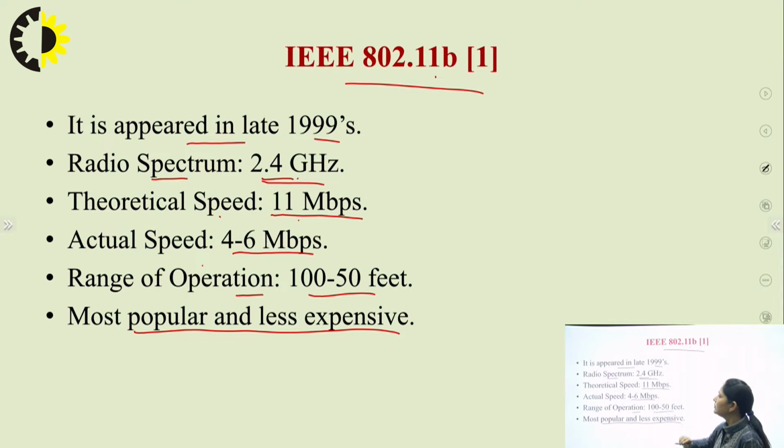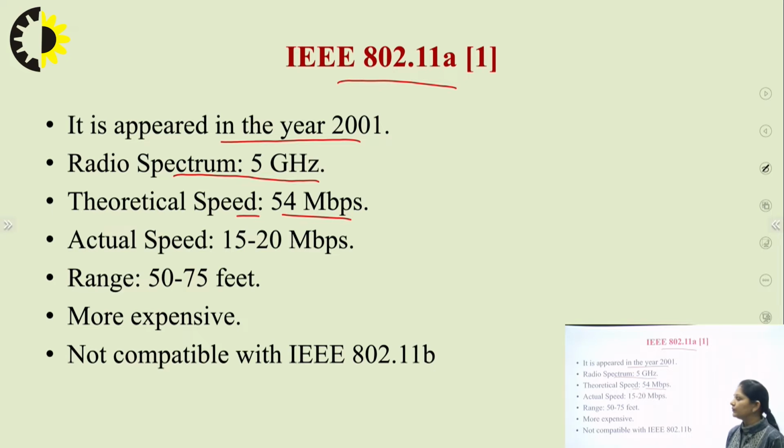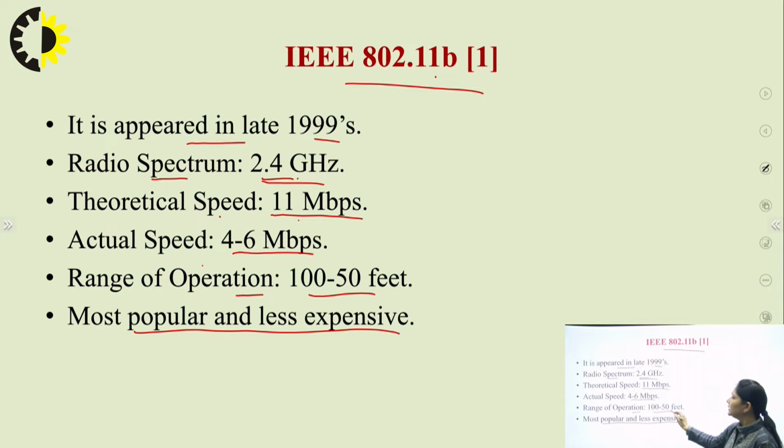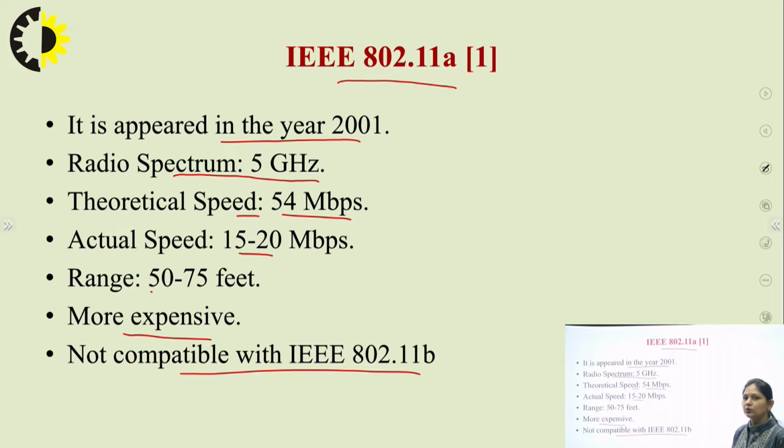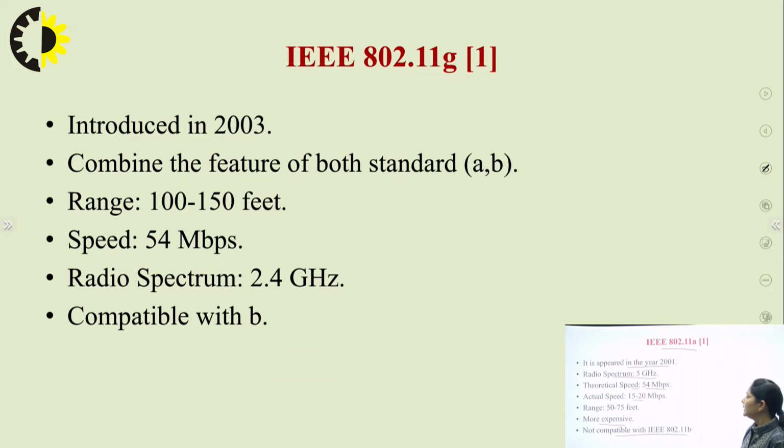Earlier it was 11 Mbps, now in this case it is 54 Mbps. And the actual speed is 15 to 20 Mbps. When we talk about the range, it is 50 to 75 feet, whereas earlier the range of operation was more, from 100 to 150. It is more expensive and not compatible with 802.11b. This is the limitation of IEEE 802.11a.